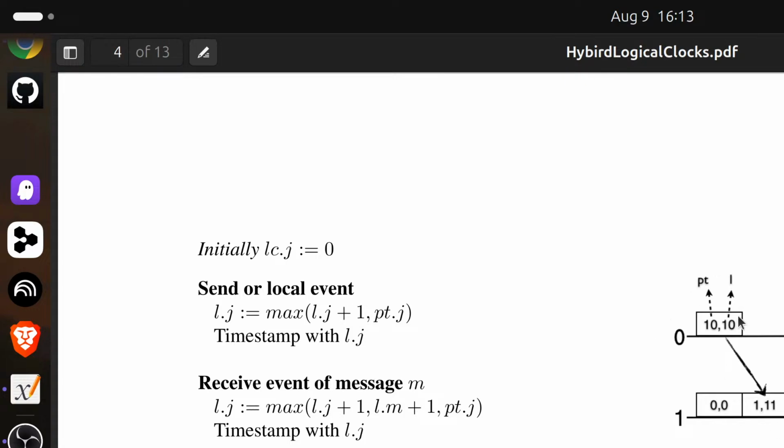Alright, and here physical time is 10, logical time is also 10, right? It goes here. Physical time 1, logical time 11. Physical time 2, logical 12; 13, 3; 14, 3; 15, 4; 16, 4; 17.